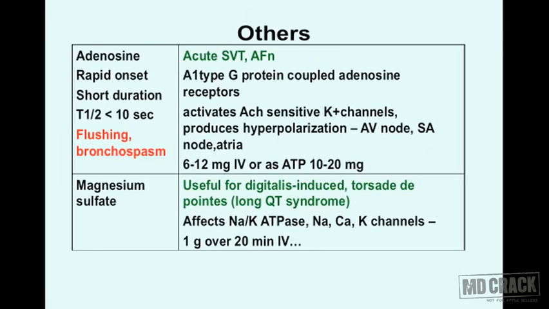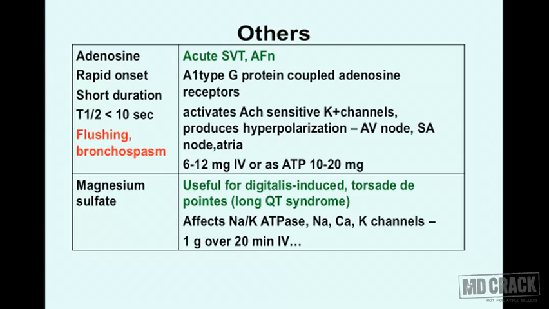And now we go to the others. Have a look at the slide. And as I said in the beginning, a very important agent, you can call it class 5 or you can call it in the other agents, is adenosine. What's the speciality of adenosine? It's got a very rapid onset of action, very short duration of effect. Can you imagine? We spoke about amiodarone just now, saying that the half-life could go up to 100 days.